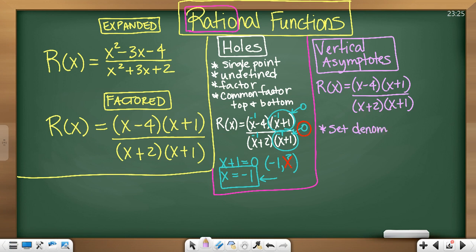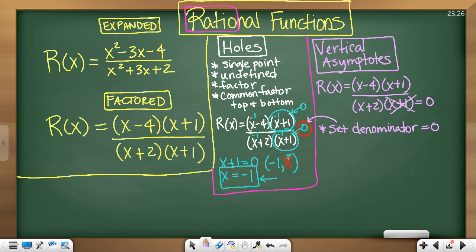Now, vertical asymptotes, you set the denominator equal to 0. But by setting the denominator equal to 0, I run into a problem. Look what happened over here. I can't use holes. Anything that is a hole cannot be anything else. So I'm not even going to consider this factor, because I've already identified that as a hole.